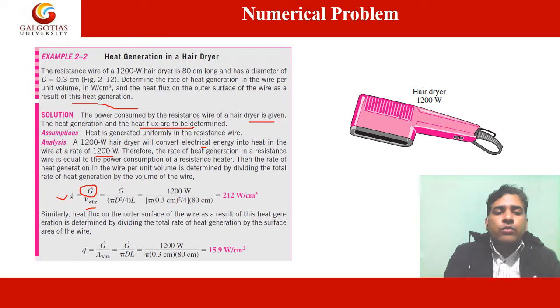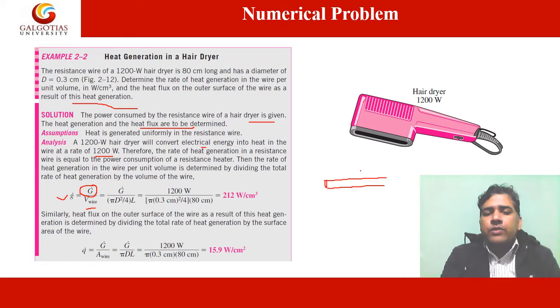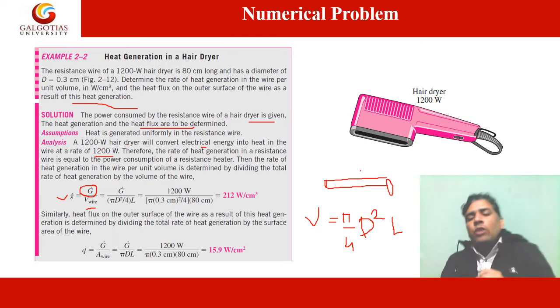If this is the wire and it has diameter d, and this is the length of the wire, then the volume of the wire can be represented as pi by 4 into d square into length. This is the formula for finding the volume of a cylindrical device.